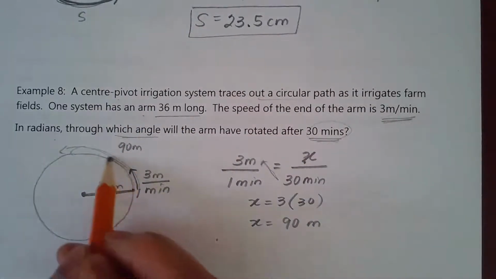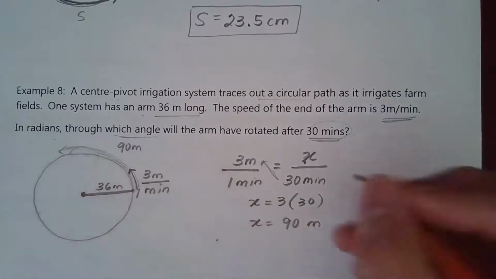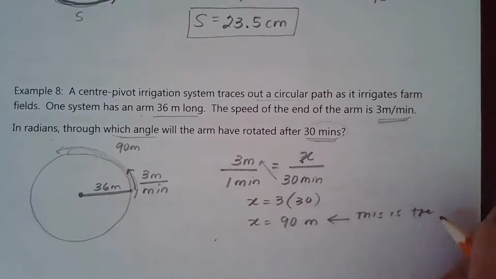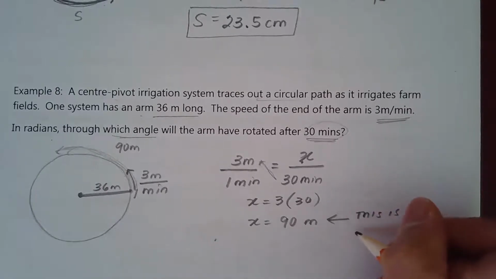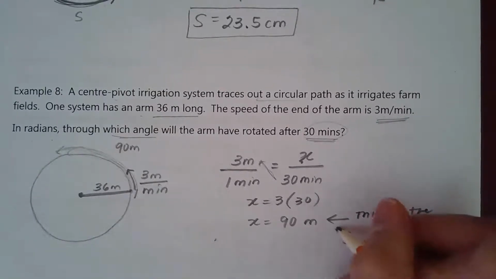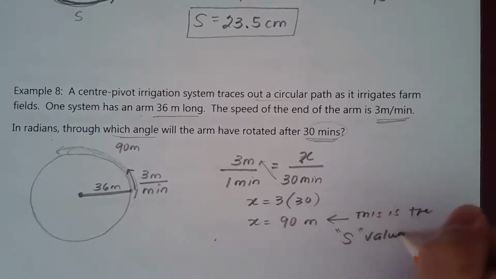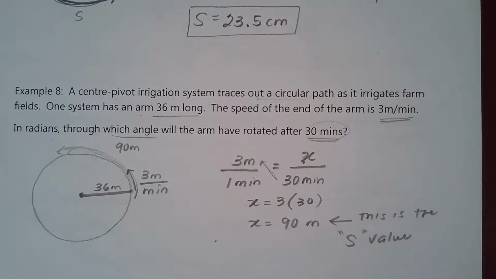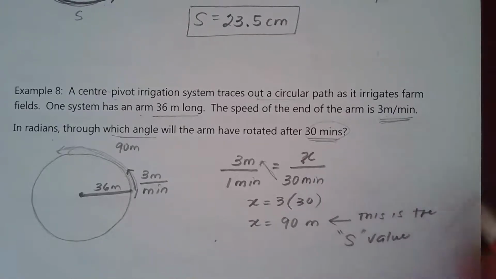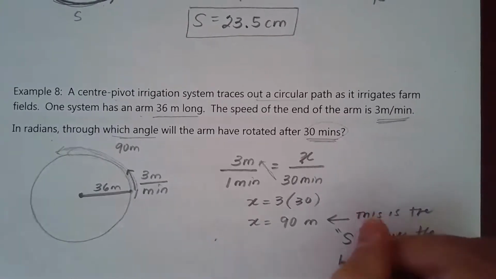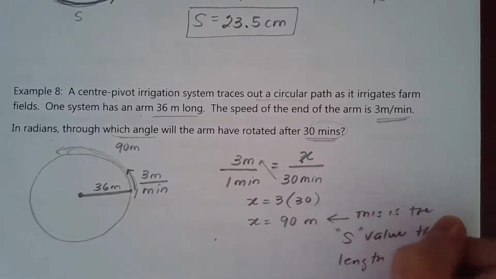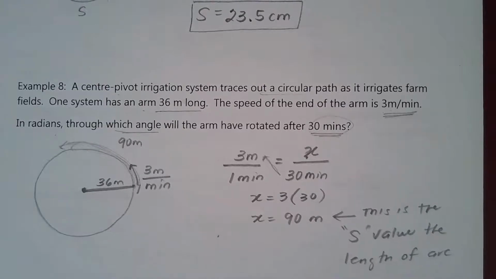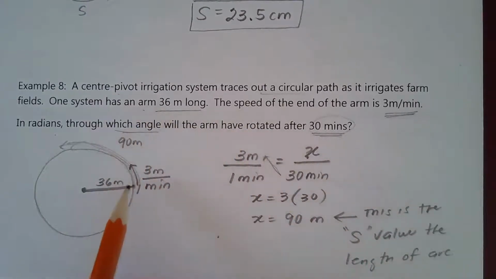So the 90 meters actually is the S value, the length of the arc. And then what else do we know? We know what the radius is.